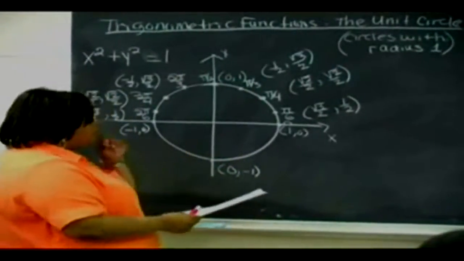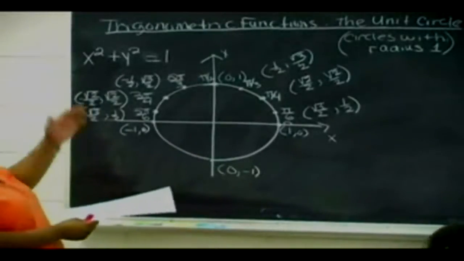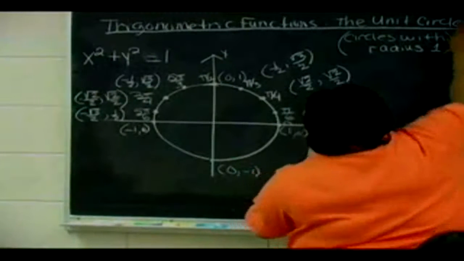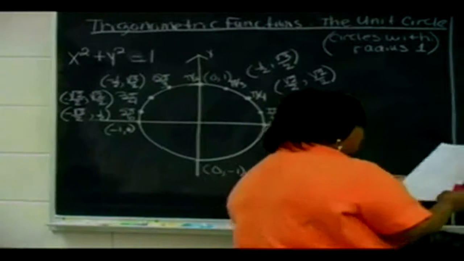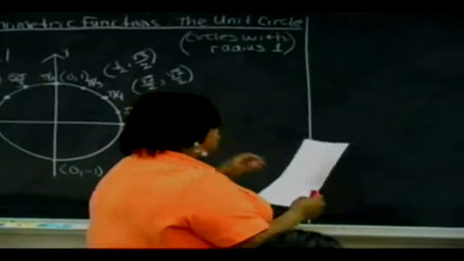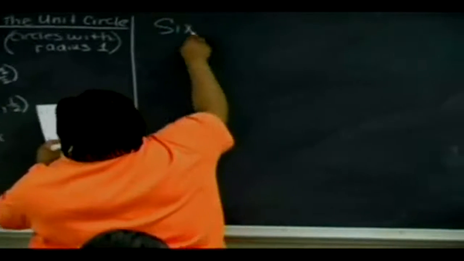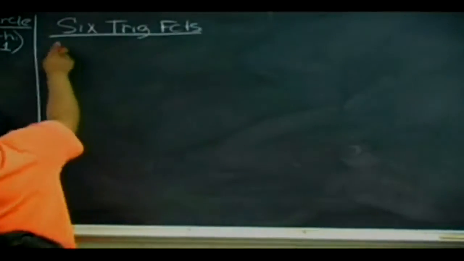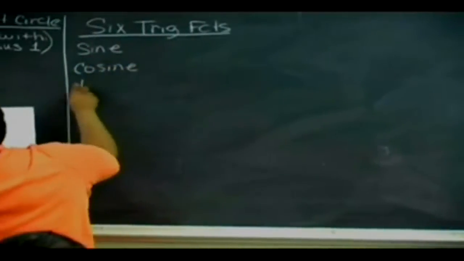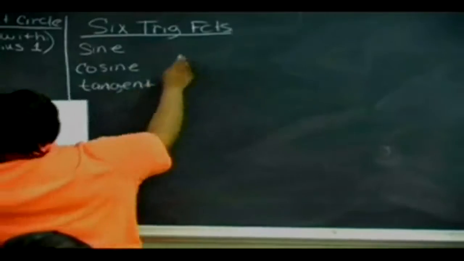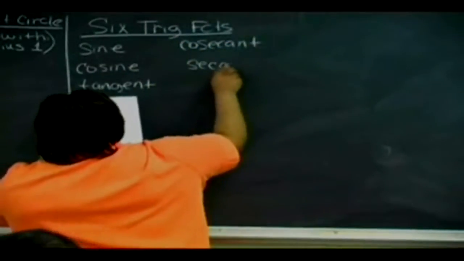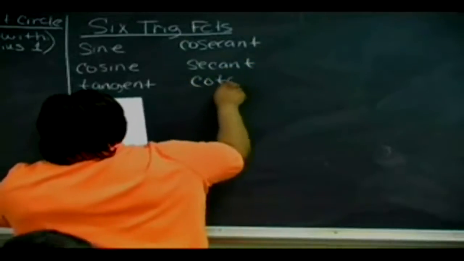Now, since we know all this, let's define these trigonometric functions. First of all, we're just going to tell you what they are, and then we'll define them based on this unit circle. So, the 6 trigonometric functions are sine, cosine, tangent, cosecant, secant, and cotangent.